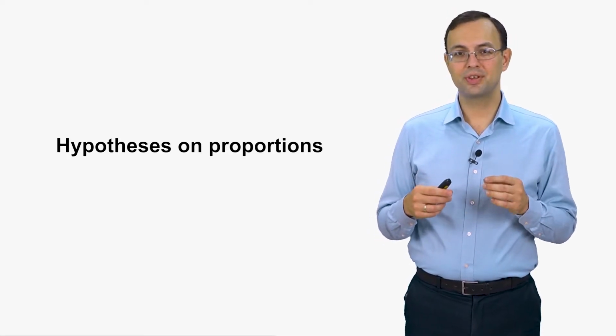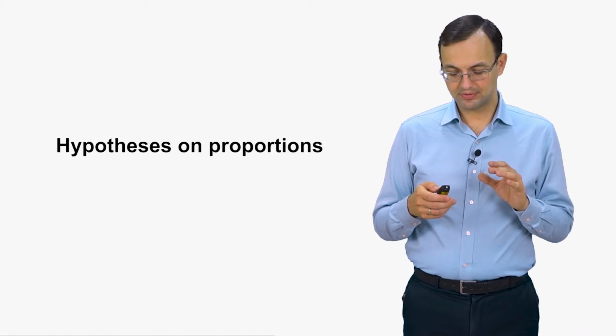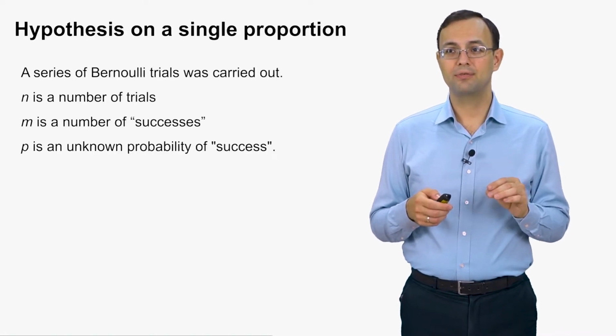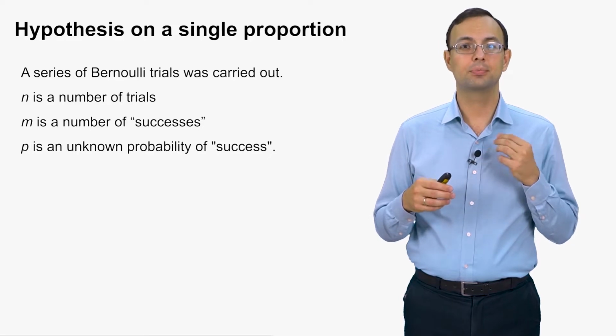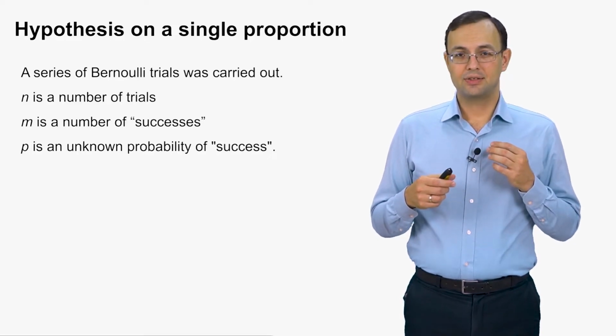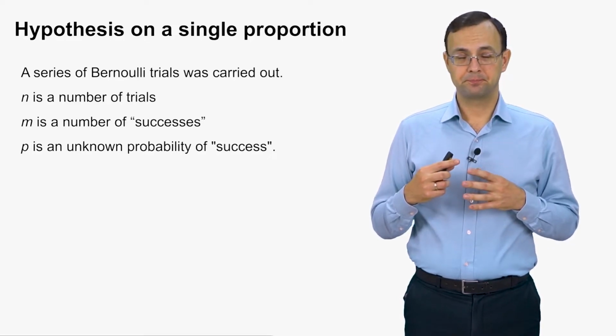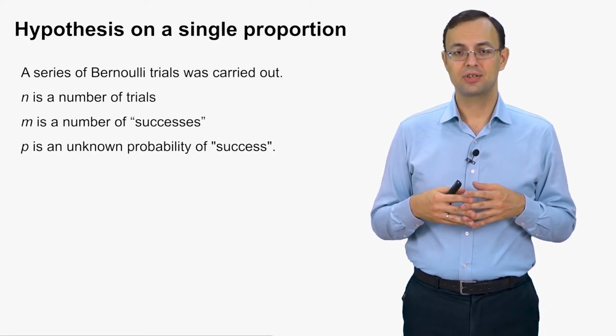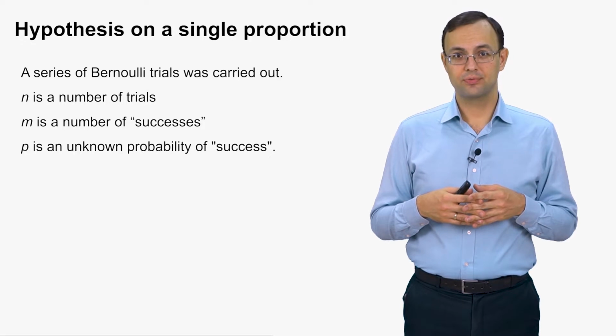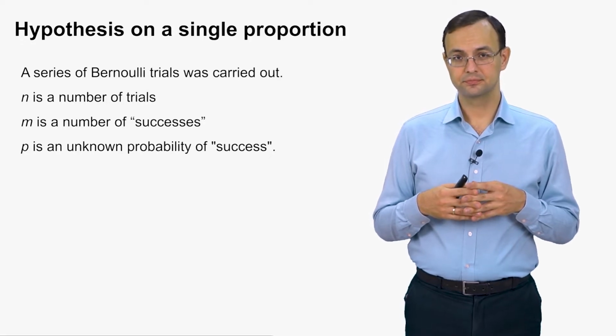Let's start with the simplest situation, when we have just one single proportion or one single probability. Our observations in this case are a series of trials.